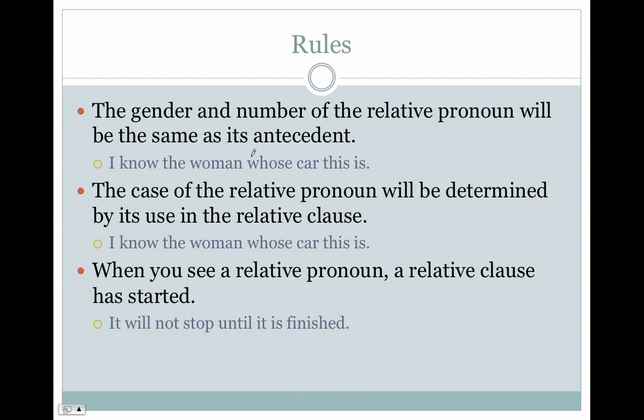And this makes sense. If you think about this sentence, I know the woman whose car this is, well, woman and whose point to the same person in reality, so they have to be the same gender and number. Right, so gender and number refers to reality and have to be the same.